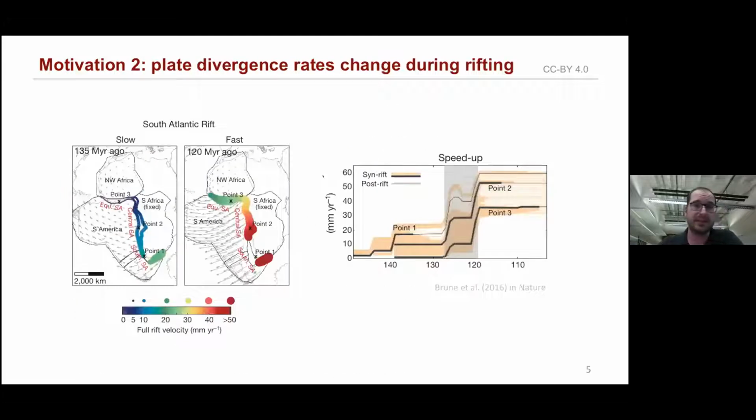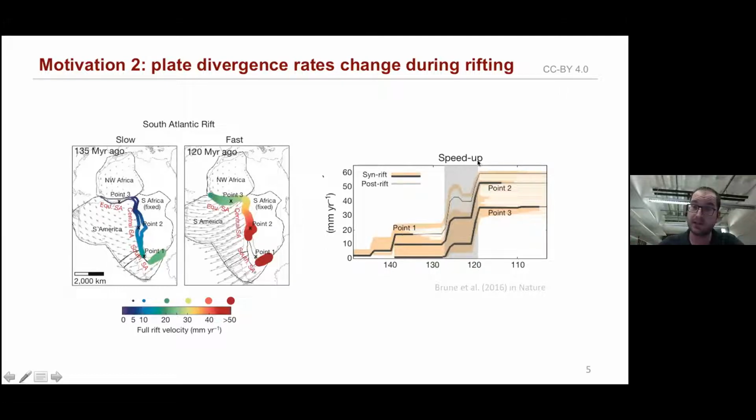And then the second motivation is that if we look at previous work from, for instance, Sascha Brune, there are changes in velocity over time during rifting. For instance, this is the breakup of the South Atlantic. And if we trace the velocity of rifting, we start relatively slow, and then at some point there's a speed up. This is before actual breakup, before the ocean really develops.